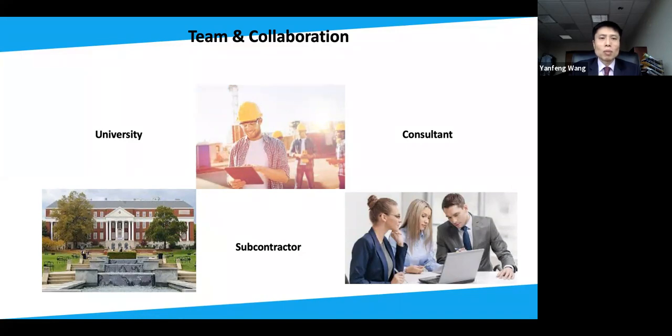When you submit your application, you need to show the commitment that your collaboration is in shape. For example, if you had a nice conversation with a university professor and he or she promised they are going to work with you, you can't just take the word or the email.